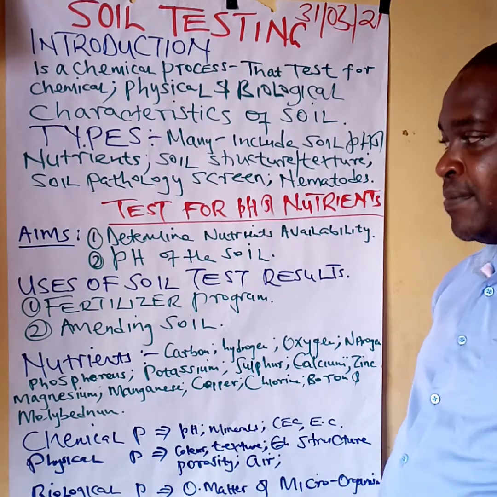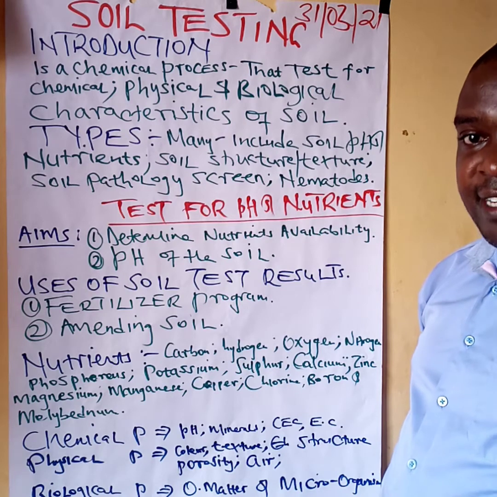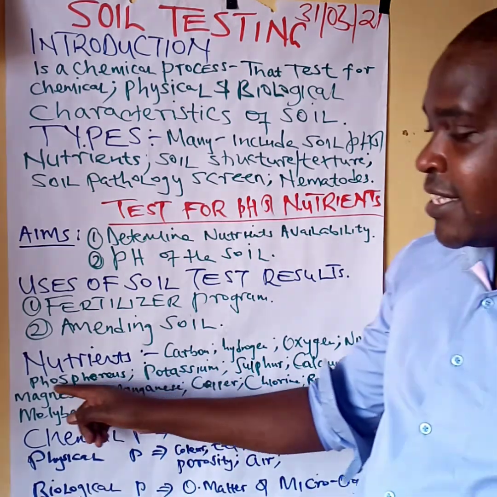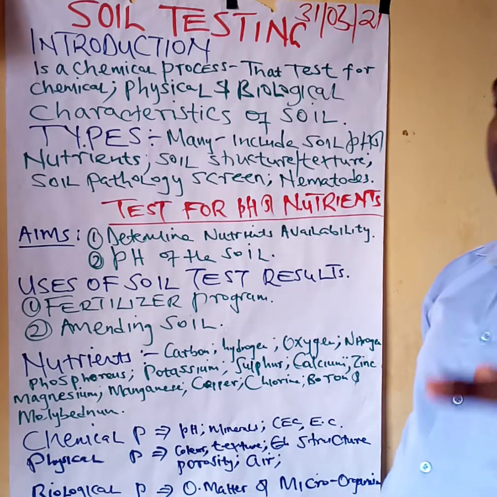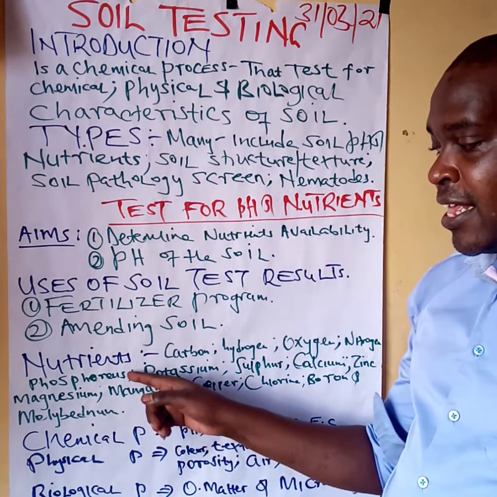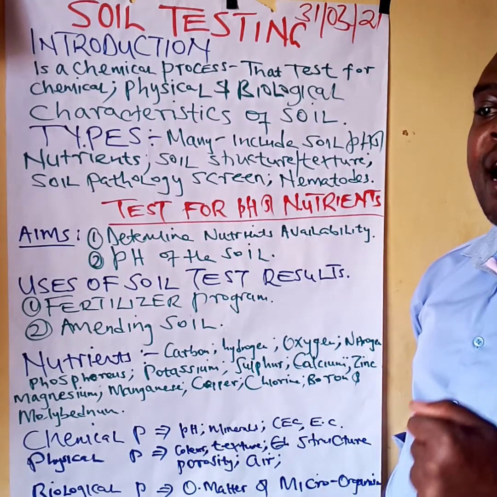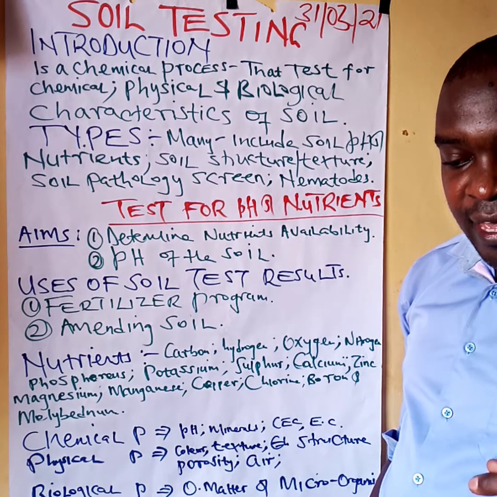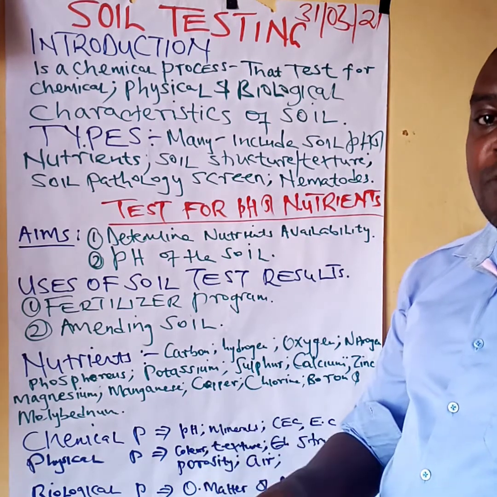For instance, if the analysis tells us we have inadequate phosphorus, then when I'm doing a fertilizer program, I must factor in phosphorus as a macronutrient, and the amount that I should put in the soil.